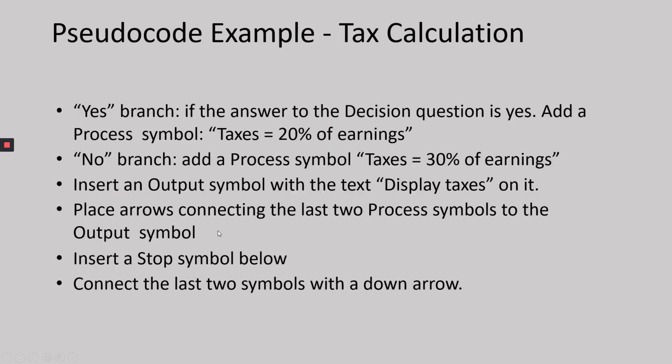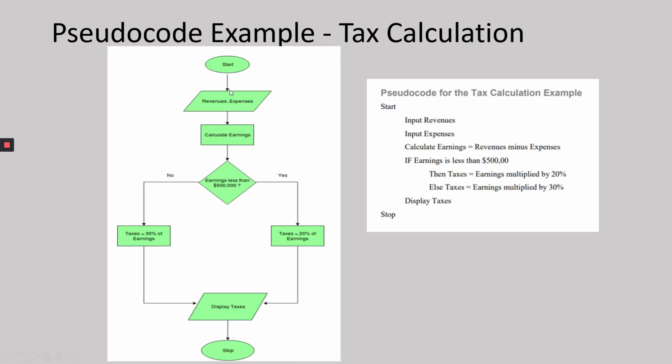So let's go back to this example. For this problem we need to get input for 2 parameters. The first one is revenues, the second one is expenses. In order to represent the procedure of getting data, we use the parallelogram to get the data of revenues and expenses. This is input. And this one says display taxes.